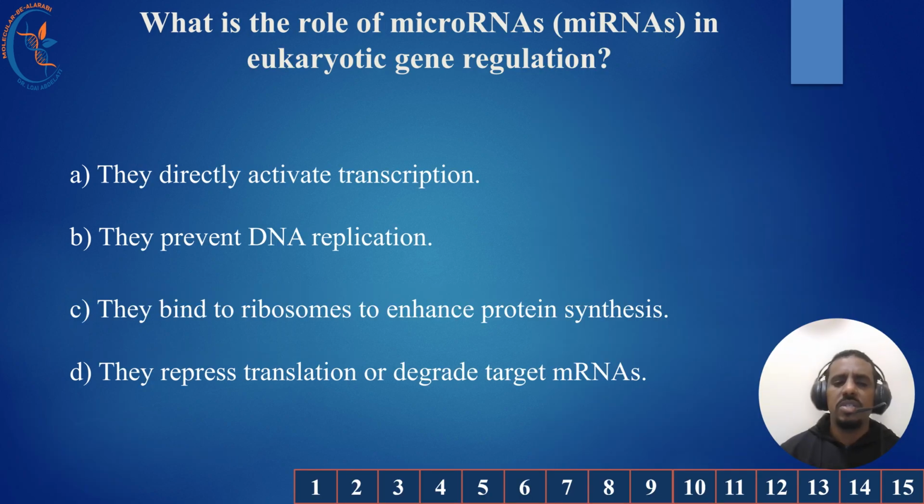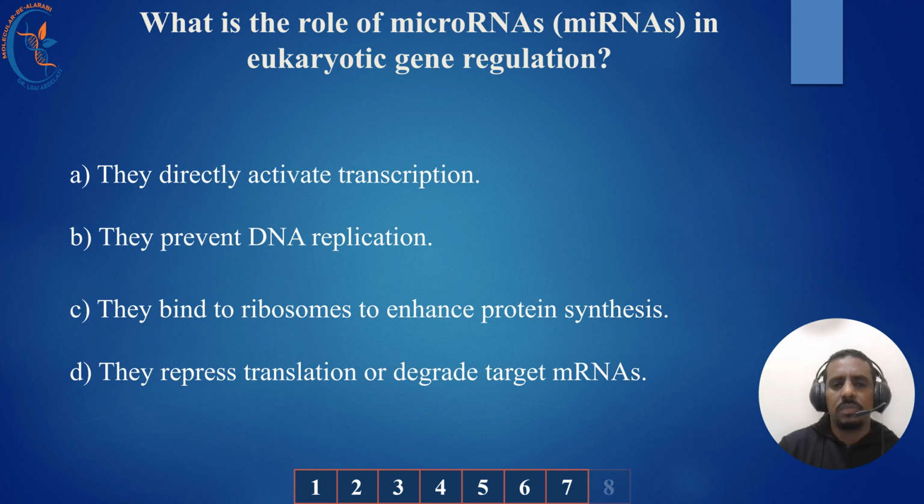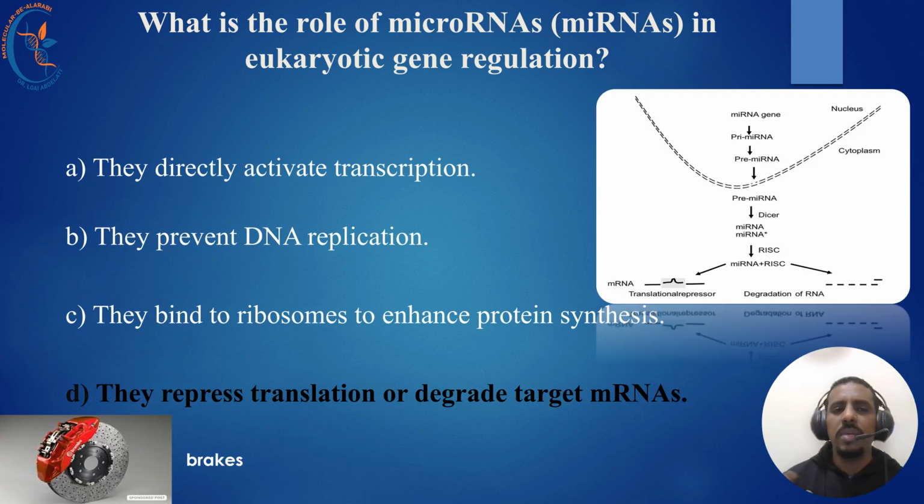The next question is, what is the role of microRNAs in eukaryotic gene regulation? Actually, microRNAs play a crucial role in eukaryotic gene regulation by repressing translation or degrading target messenger RNAs.